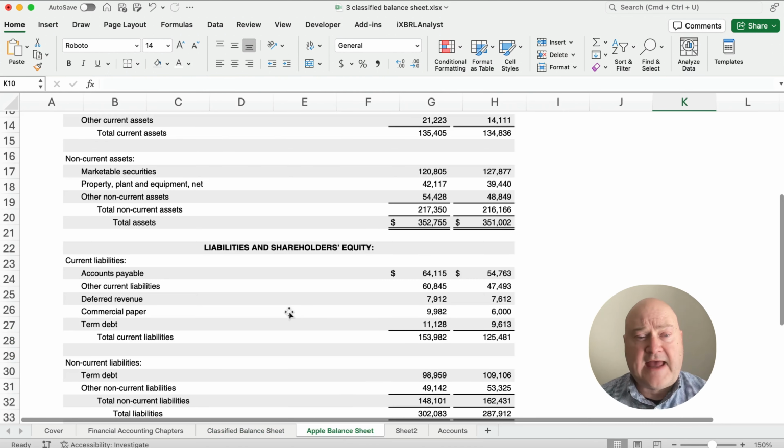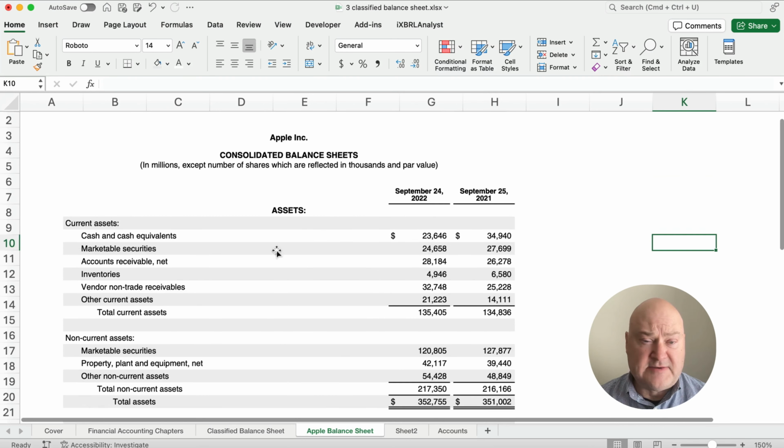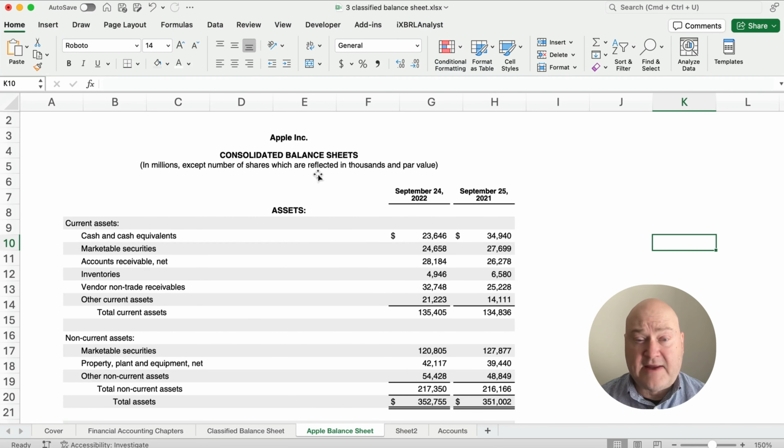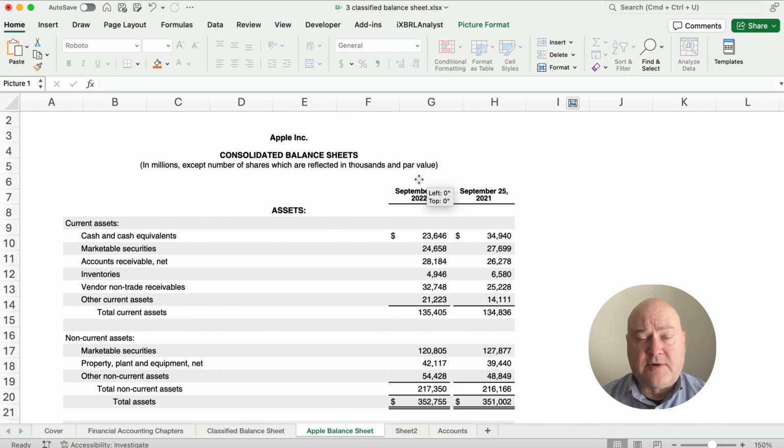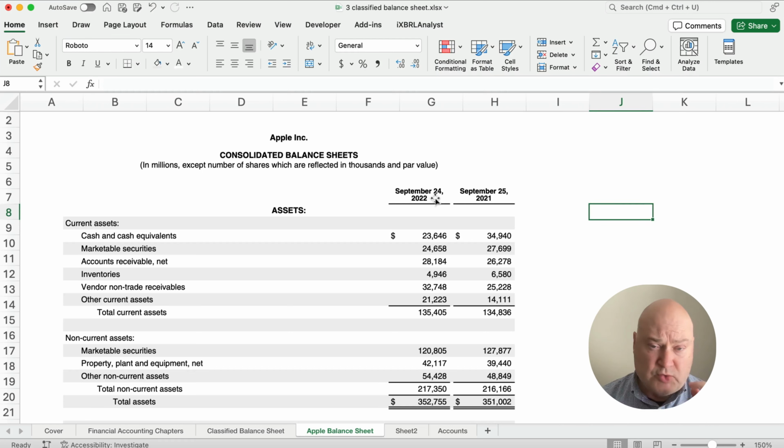So let's go back and look at the Apple financials here, and specifically the Apple classified balance sheet. Now, consolidated means all the different companies that it owns are merged together under one financial statement. Their year end is basically in September, September 2022.